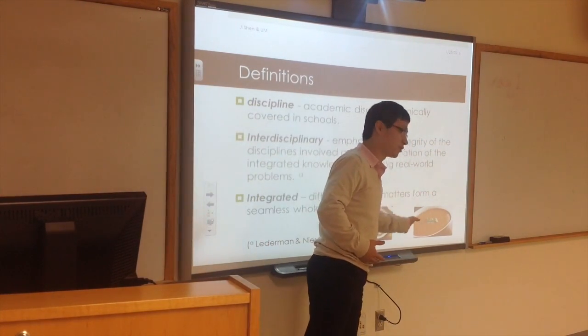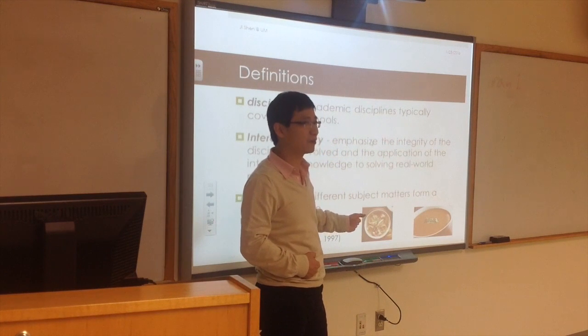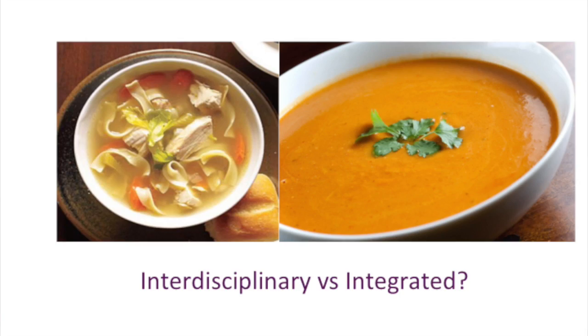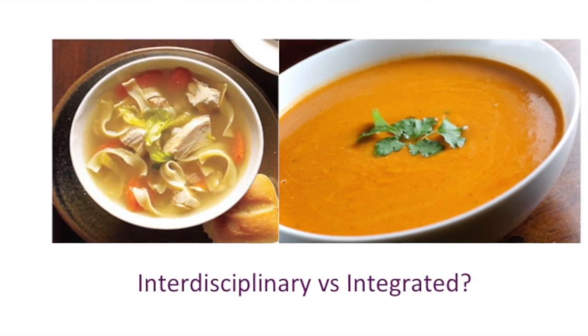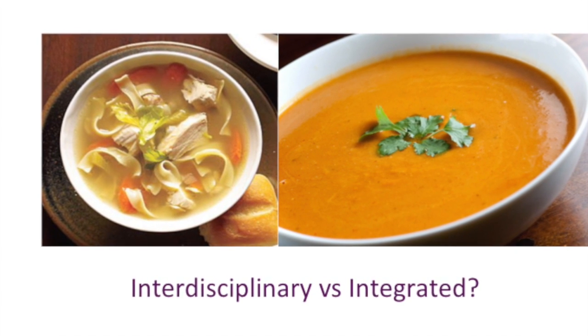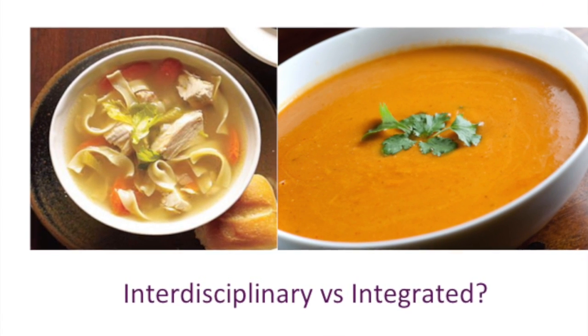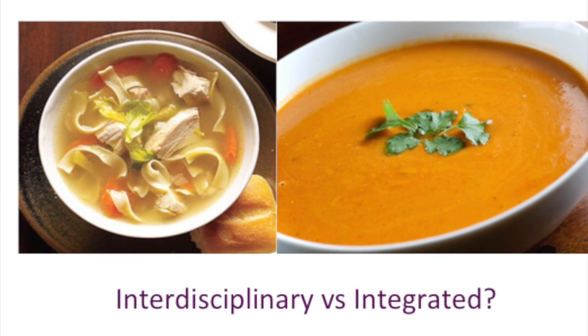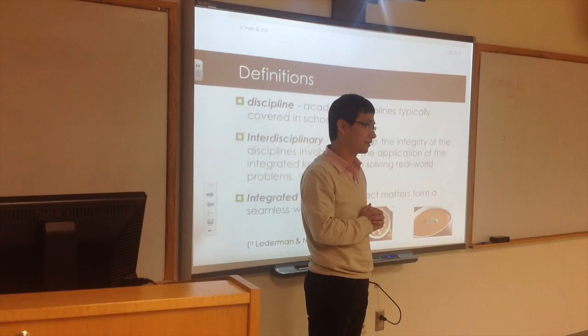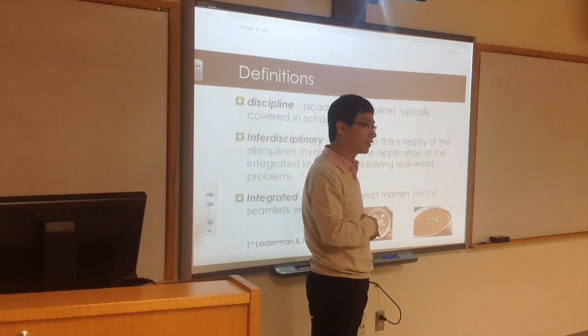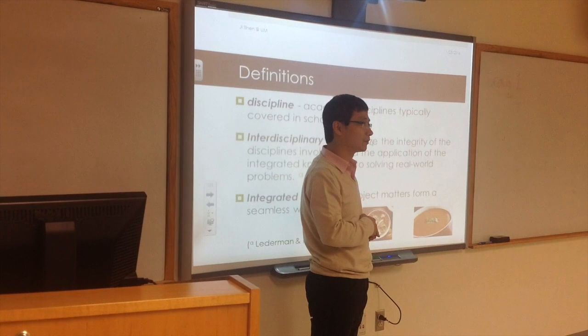If you look at these two pictures of two dishes, which one is interdisciplinary, which one is integrated? The right one is integrated. That's integrated, right? So why would you say that's integrated? Because the left one is just interdisciplinary, like they're all together but still separate.